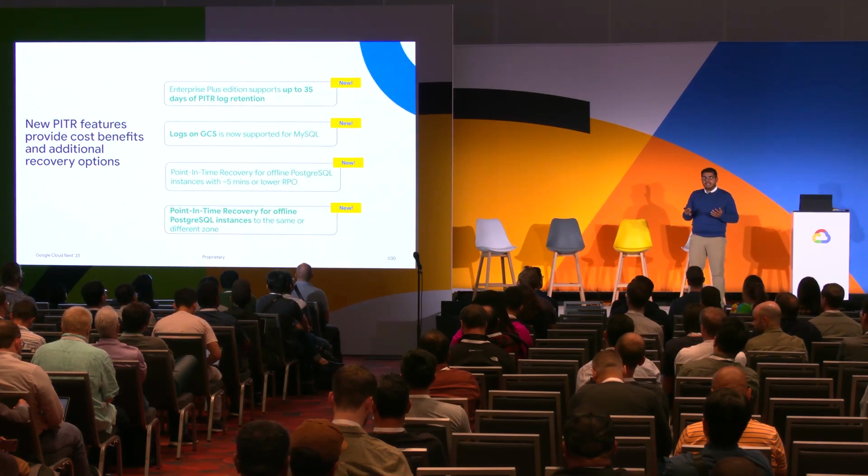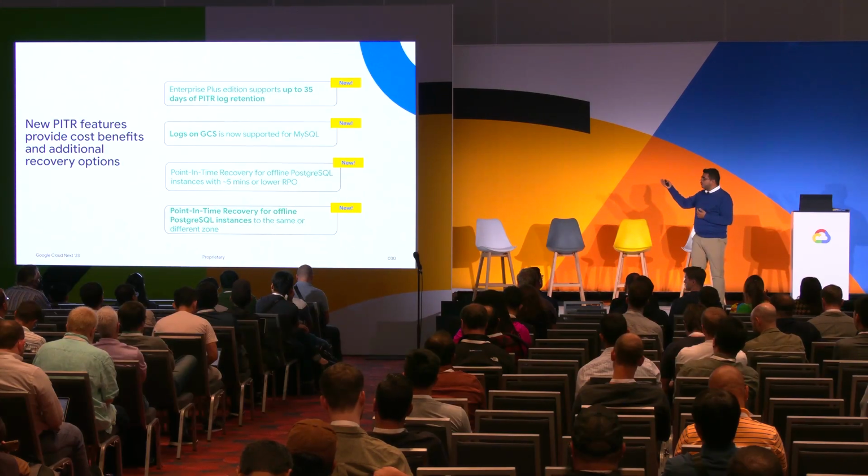Now, this is great, but what if your instance is actually down? For your PostgreSQL instances, if your instance is down, you can now perform point-in-time recovery with a recovery point objective of 5 minutes or fewer, because we typically store the log backups to the GCS bucket every 5 minutes.